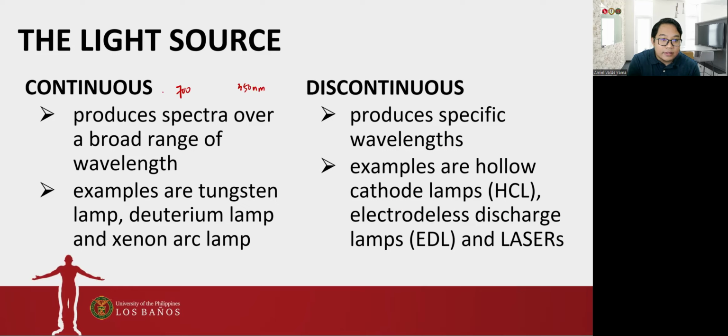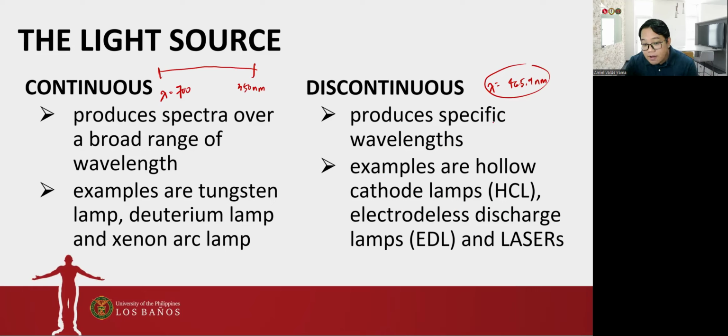Meaning, on this range of wavelengths, this is what our light source produces, from 700 to 350 nanometers. Whereas with a discontinuous source, for example, it only produces 465.9 nanometers. So the wavelength produced by a discontinuous source is specific.